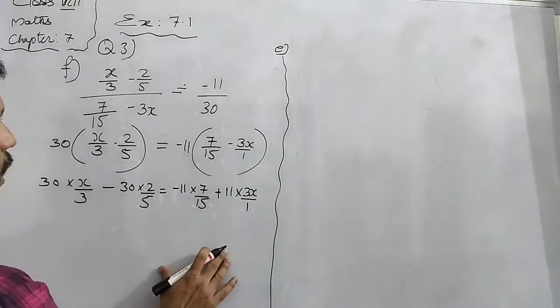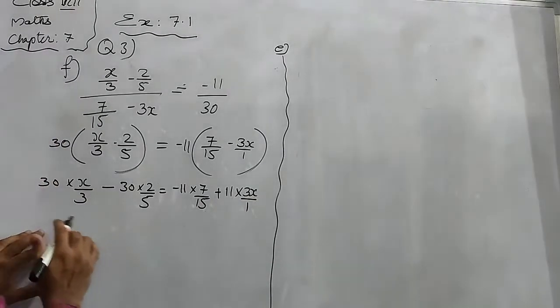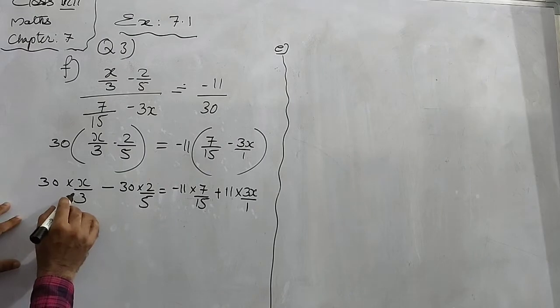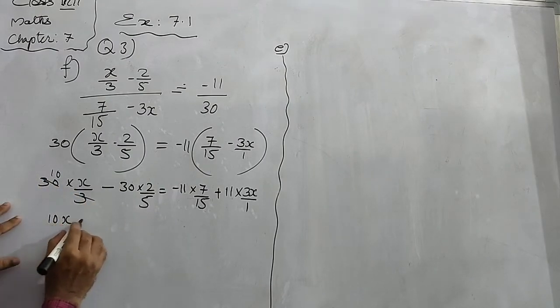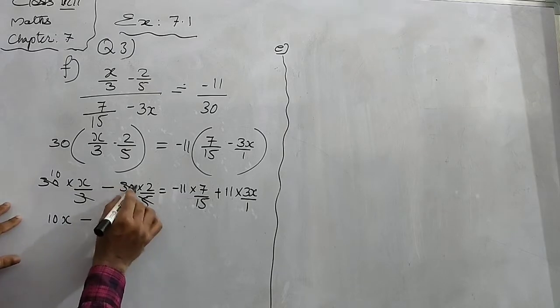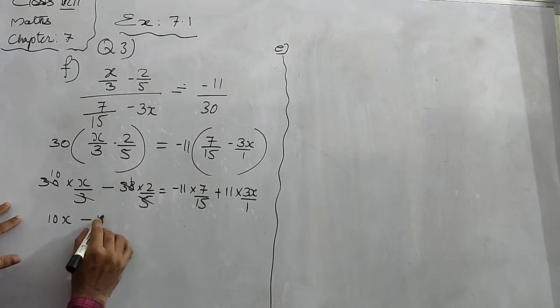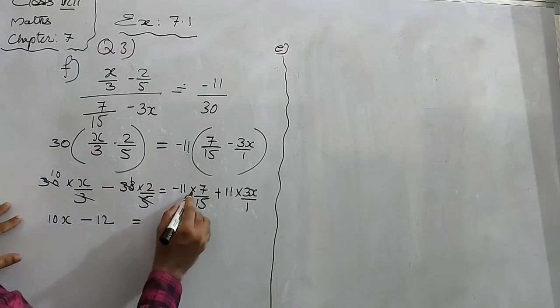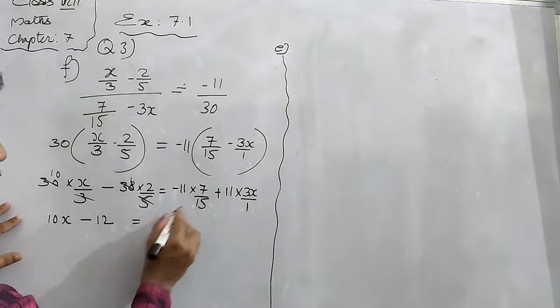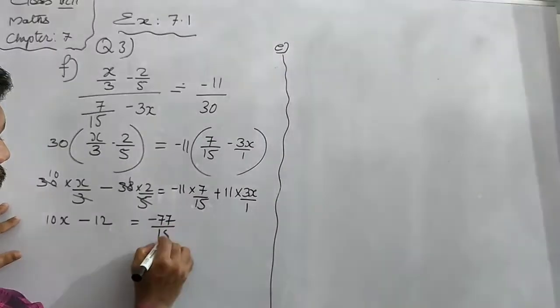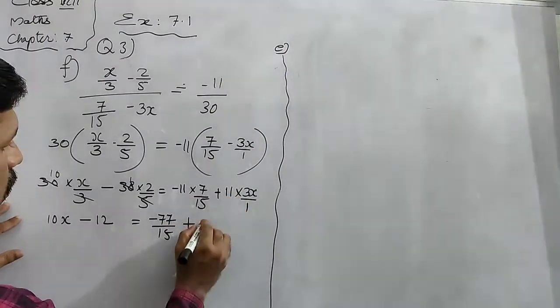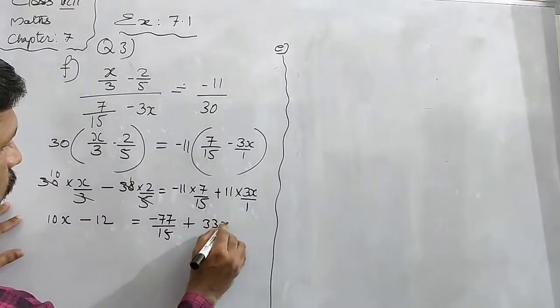So here students, you can see that when we multiply, we can cut it. 3 tens are 30, that means 10 into x, 10x minus 5 6s are 30, that means 6 2s are 12, is equal to, here 7 into 11, we cannot cut any number, 7 into 11, negative 77 upon 15 and plus 33x.